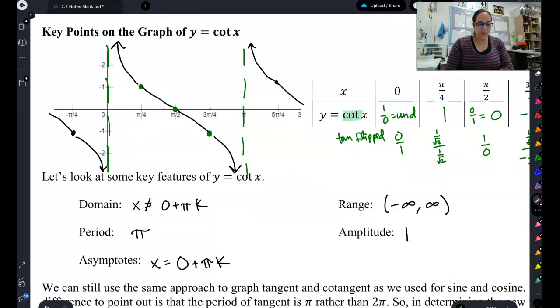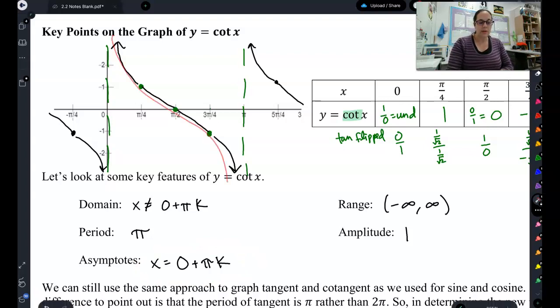Notice that once again, the period is only pi long, not 2 pi. So for tangent and cotangent, the period is pi. Sine, cosine, secant, cosecant, the period is 2 pi. My asymptotes start here at 0, and then they're all pi apart, so 0 plus pi k are all my asymptotes.